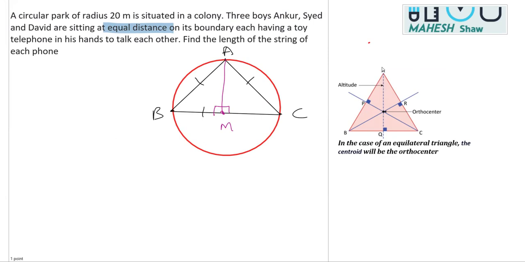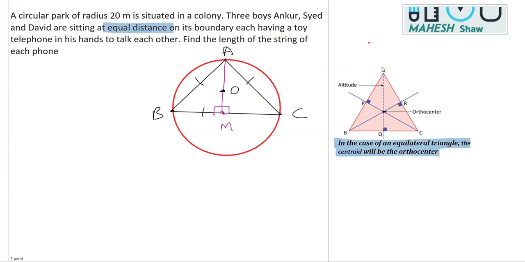Moreover, this should be taken as the centroid, right? This will be the point. As it is equidistant from A, B, C, we say it's a centroid. And an important thing to consider here is that in an equilateral triangle, the centroid will be the orthocenter. So we have a property that this centroid, that is the point O, will divide this length AM in the ratio 2:1.